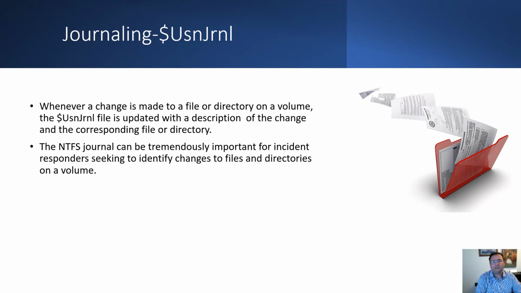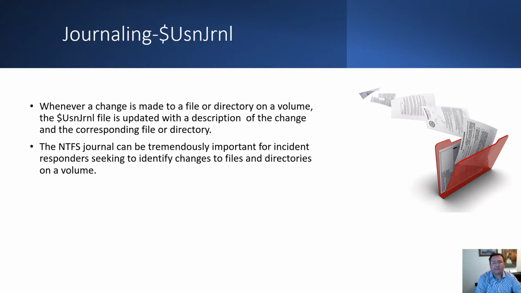Whenever a change is made to a file or directory on a volume, the USN journal file is updated with a description of the change and the corresponding file or directory. This is very valuable information for the forensic examiner to show how the user actually made the change.